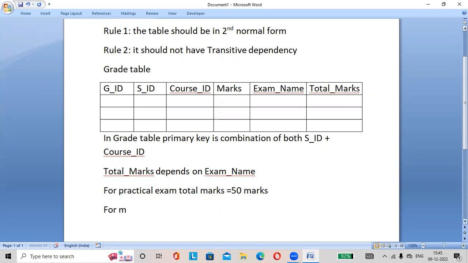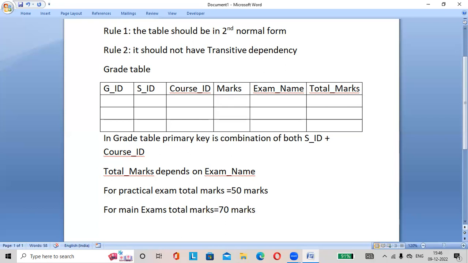For main theory exams, total marks is equal to 70.